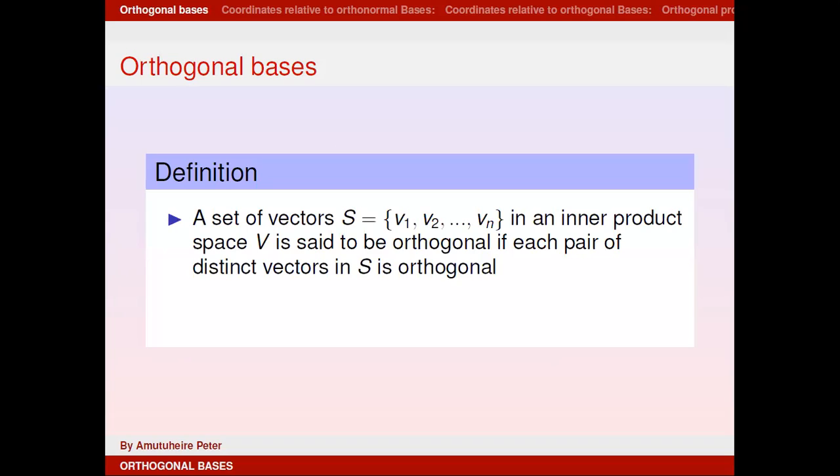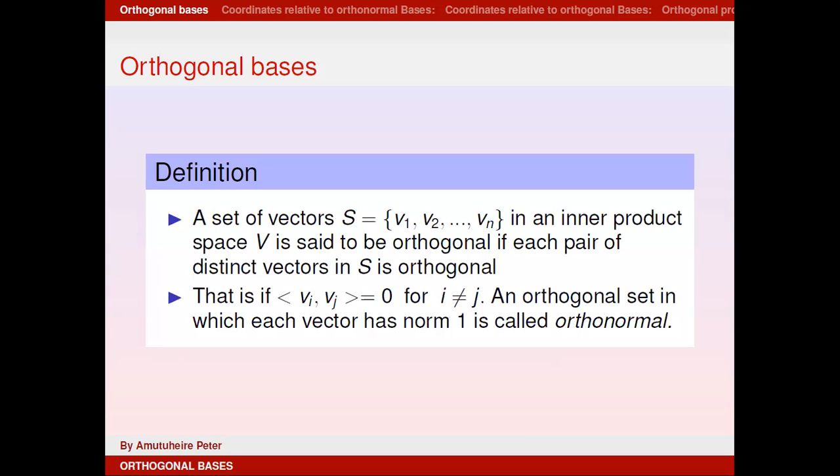If we have a set of vectors v1, v2 up to vn in an inner product space, then that set is said to be orthogonal if each pair of distinct vectors in S is orthogonal. So that means for any vi, vj, the inner product of vi, vj is equal to 0 for all i different from j.